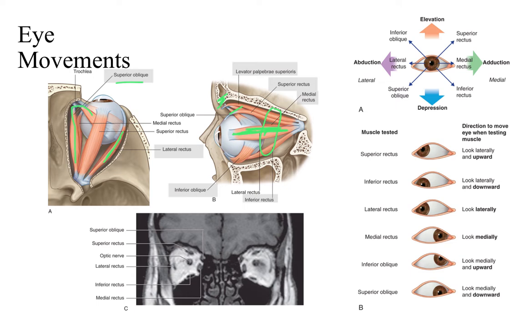And then the rest of them are controlled by the oculomotor nerve, cranial nerve 3. That will consist of the inferior oblique right here, the inferior rectus here, the medial rectus on the other side here, and the superior rectus up above, as well as the levator palpebrae superioris. Okay, so all of these, again fixing a mistake I said earlier, are extrinsic muscles of the eye.